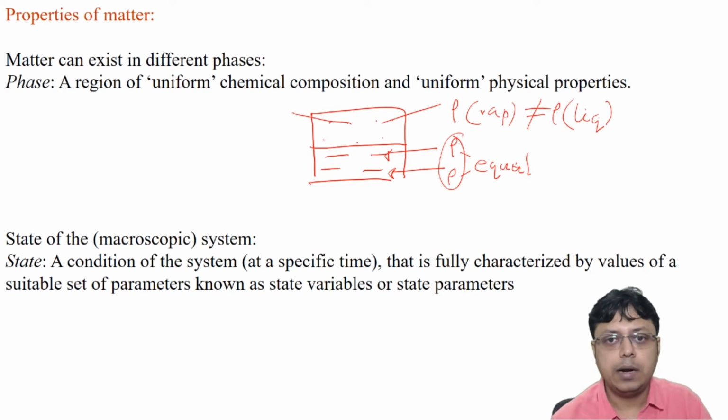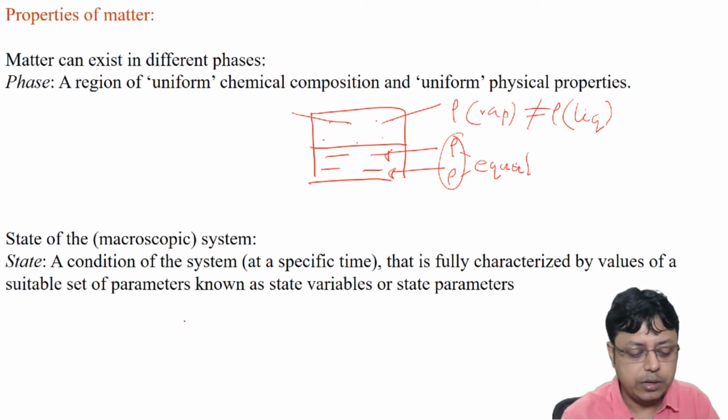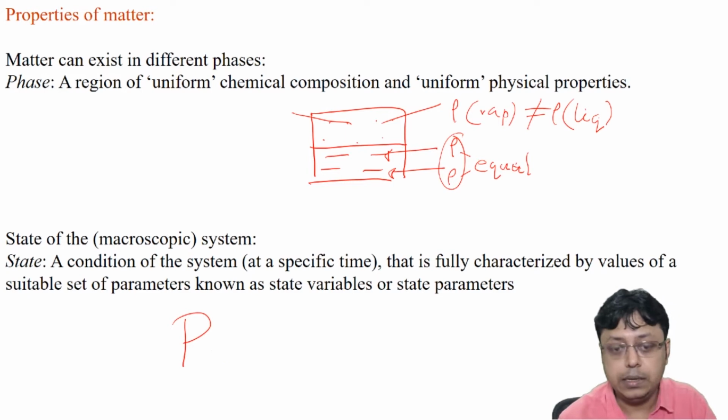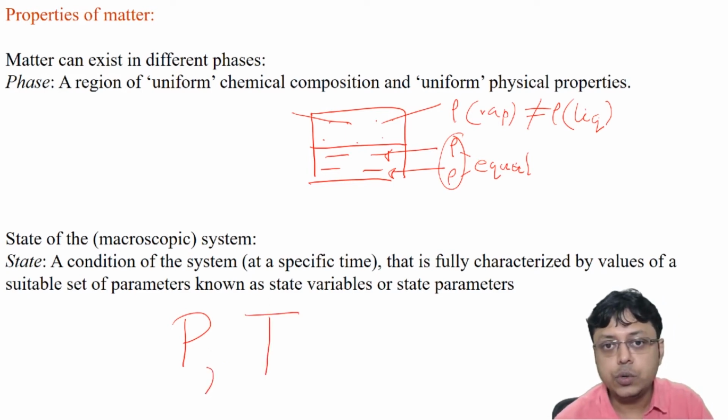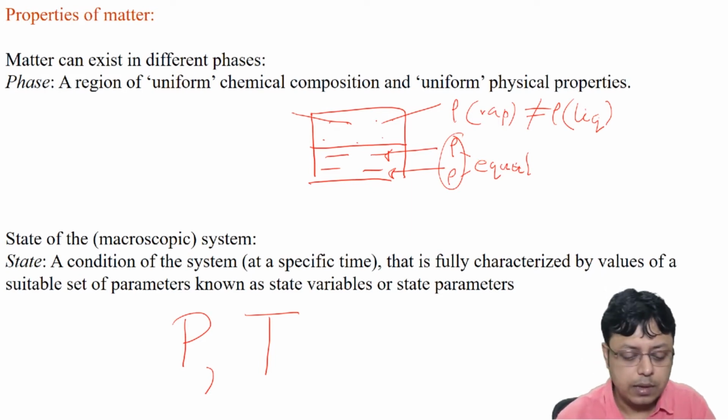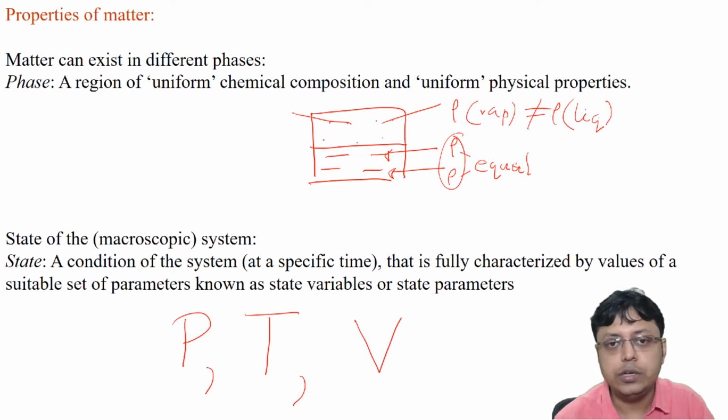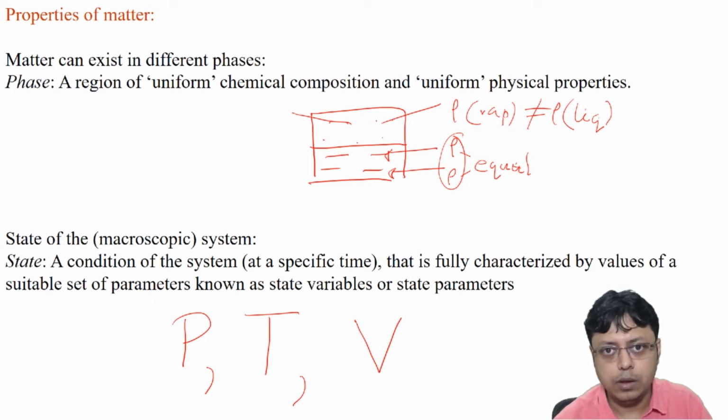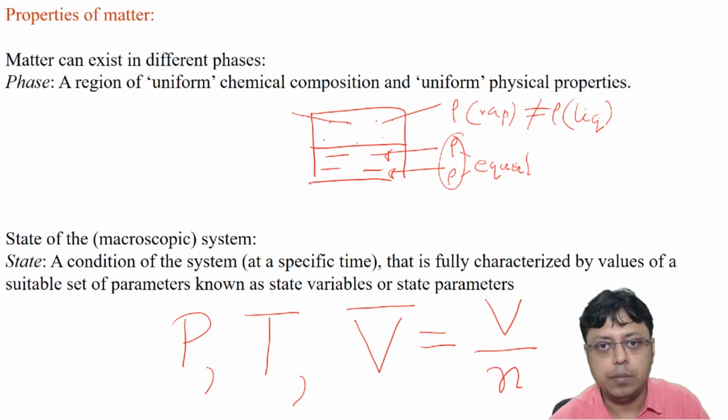Now the common state parameters are pressure, which we denote as P, temperature, which we denote as T. Usually by temperature we mean the absolute temperature, and the volume, which we denote by V. Instead of volume, we'll frequently use molar volume, which is volume of 1 mole, and we'll denote it by V bar. So V bar is nothing but the volume per unit mole, where n is the number of moles.